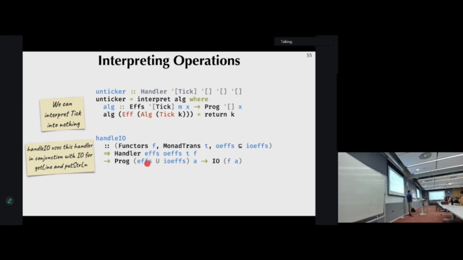So why all of this extra mess? Let's try and understand what's going on. The handler will recognize all the Fs inside the program, but there might also be some additional effects in the program that the handler doesn't know what to do with, some additional IO stuff. And handle IO says, so long as the output effects are a subset of those IO effects, I'm perfectly fine with the handler outputting even more stuff into this IO, and I'm going to just shove it all out to IO.